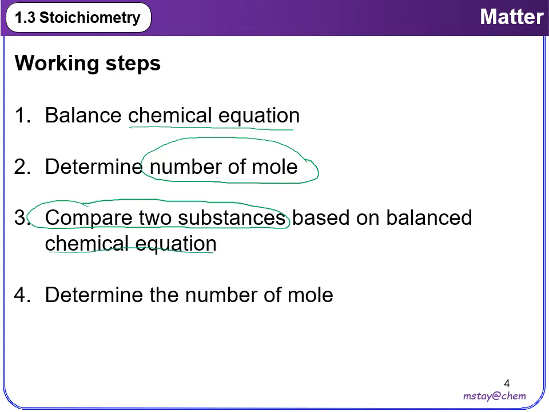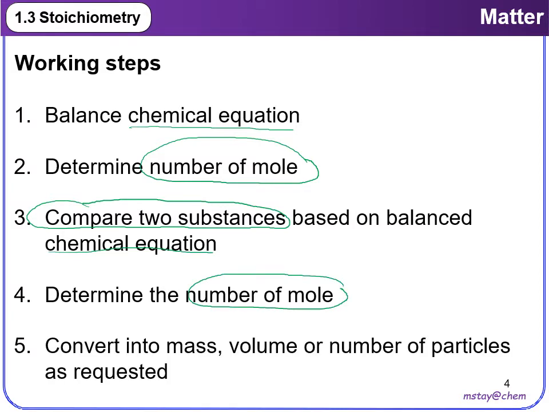And step 4, you are going to determine the number of mole of the other substance. And then finally, you need to convert the number of mole into mass, volume, or number of particles based on what the question requests.